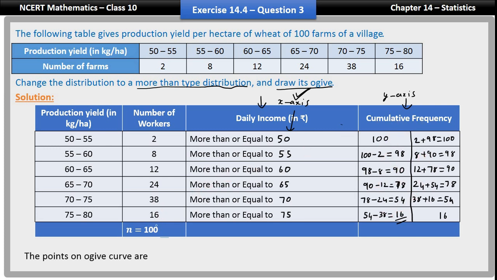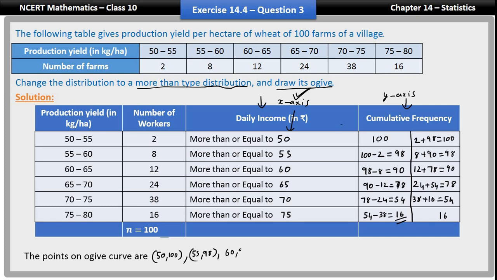Let's first write down the points. So the points on the ogive curve are 50, 100, that is the lower limit comma the cumulative frequency. Next is 55, 98.